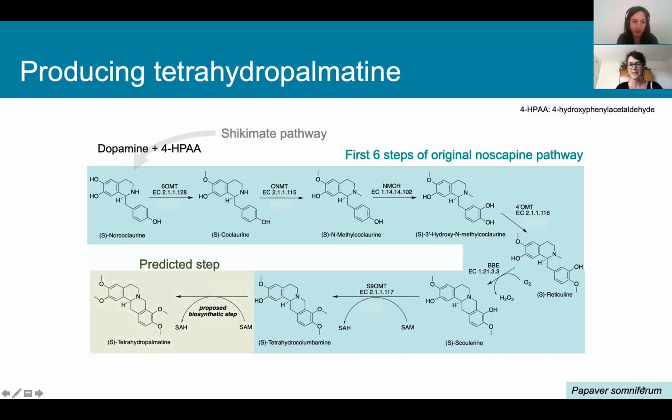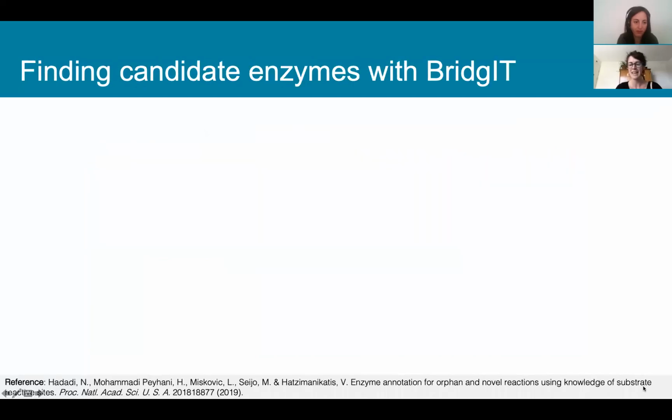So we had this predicted step, and then we needed to find an enzyme that could catalyze the step. Fortunately, in our lab, we also have this tool, BridgIT, which has been developed in the past and which can predict enzymes for a novel reaction.